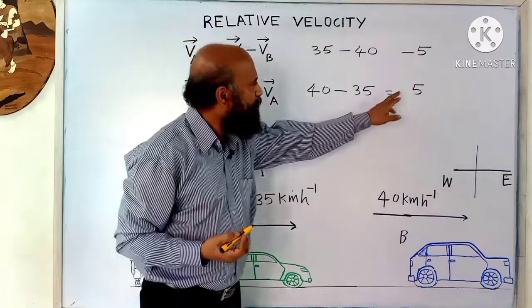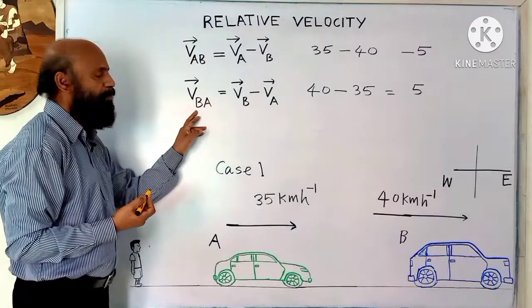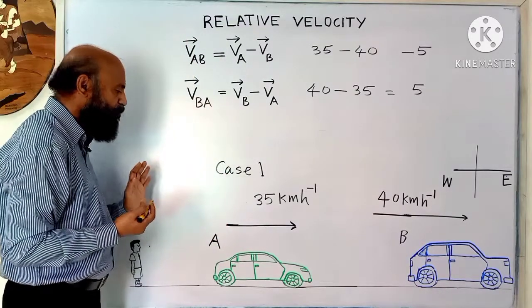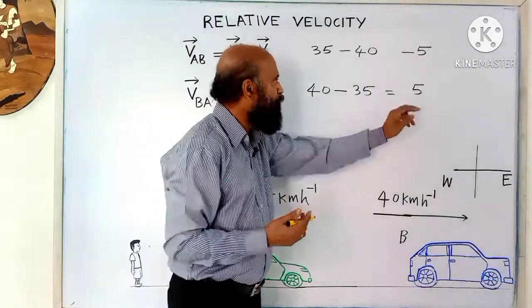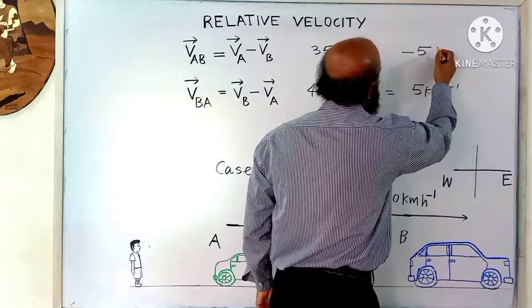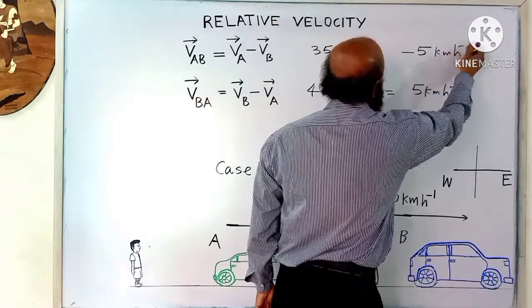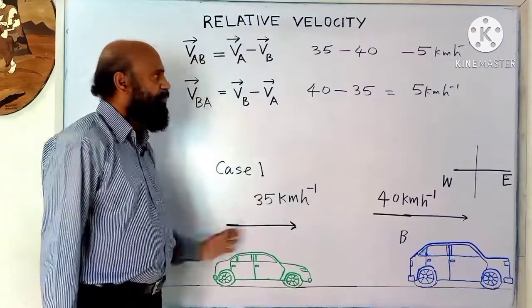So here there is no negative sign. That means the relative velocity of car B with respect to A is towards the east and its magnitude is 5 km per hour. This is the first case, when both the cars are moving in the same direction.